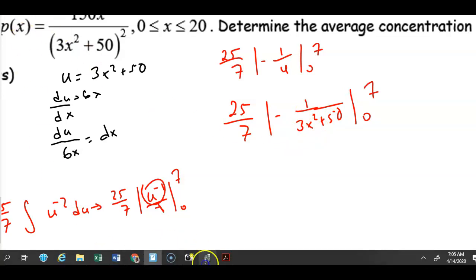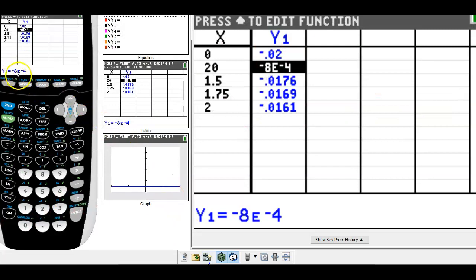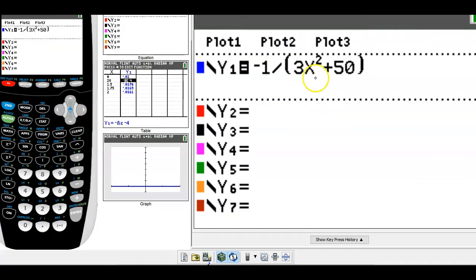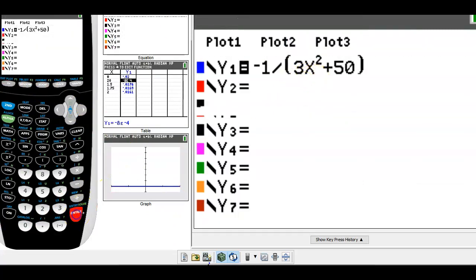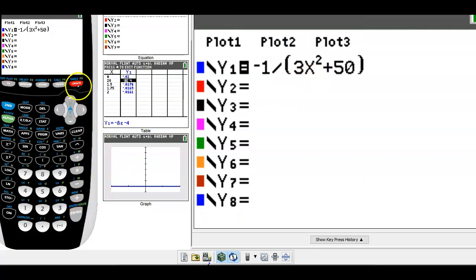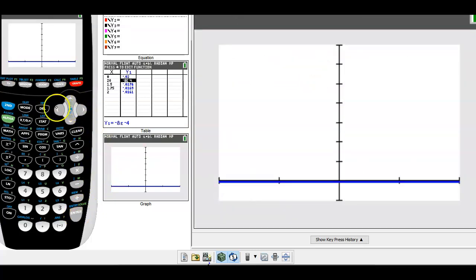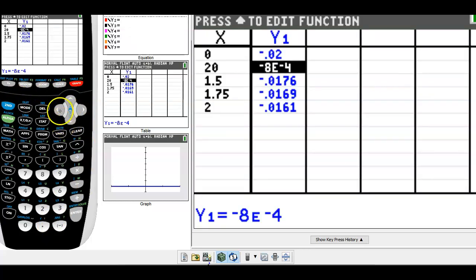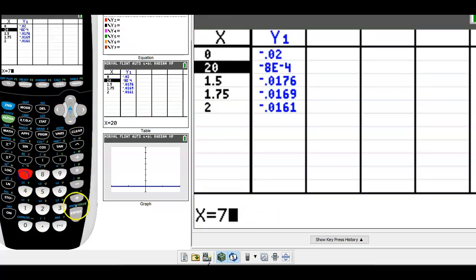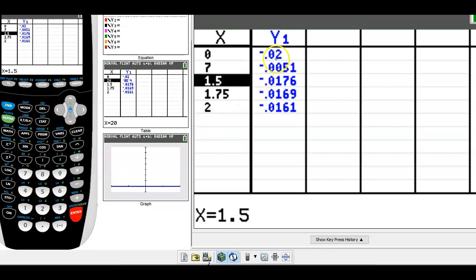So I go to my calculator. All right, so there we go. I put it in and then hit graph. There's our graph. So back to our table. And we need 0 and 7. So we have negative.